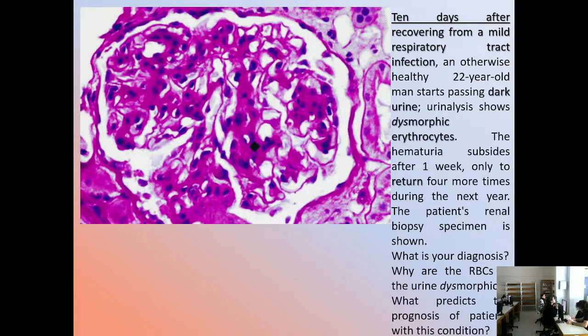So, this is a clinical symptom of recurrent hematuria, which is consistent with IgA disease. And since it is immunocomplex mediated, we have to have positive IgA immunostaining in immunofluorescence.